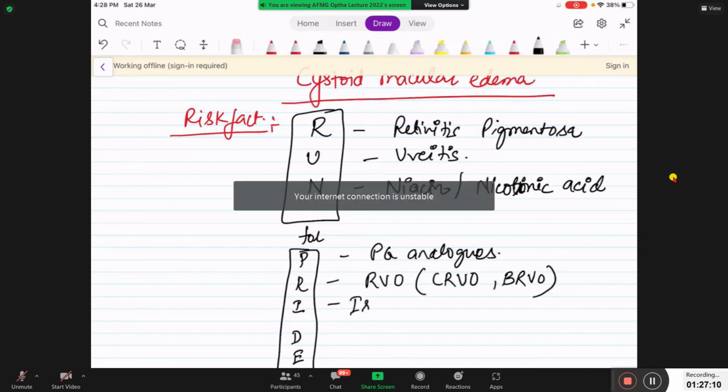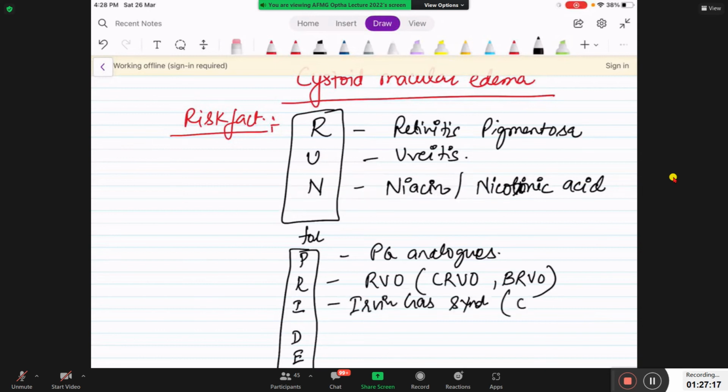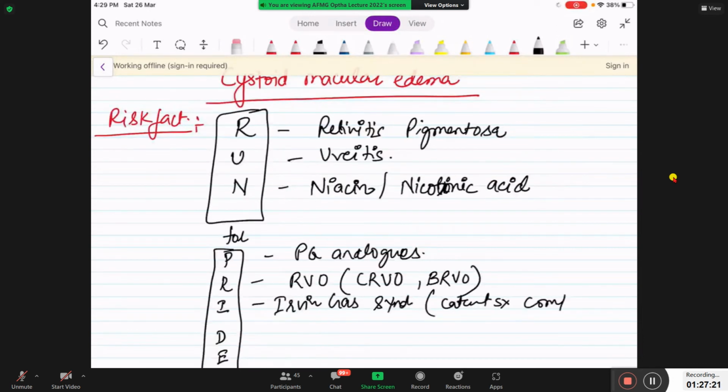I stands for Irvine-Gass syndrome, which occurs after cataract surgery. It is a rare complication. D stands for diabetic retinopathy, and E stands for epinephrine in aphakia.